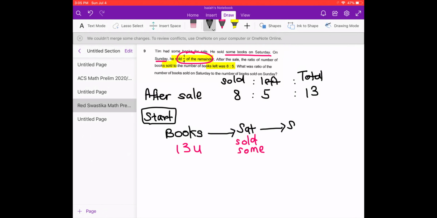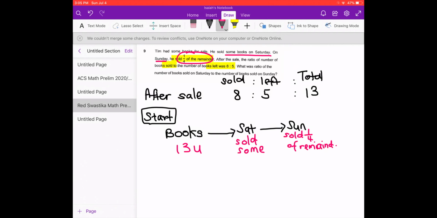Now comes Sunday. How many did he sell? He sold 1/4 of the remainder. So we just put this down first, and later we're going to put figures. Sold 1/4 of remainder.